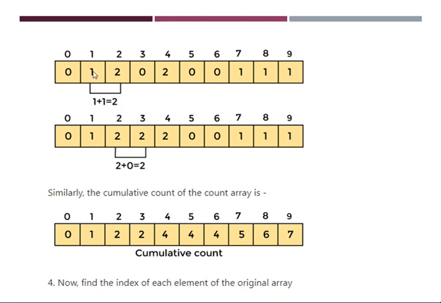See, this appears 1, so here how many quantities are there? 1 plus 1 is 2, so here we will be replacing it by 2. Okay, then cumulative, that means you have to add it with the following number.